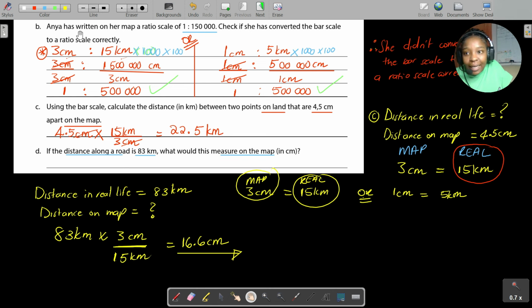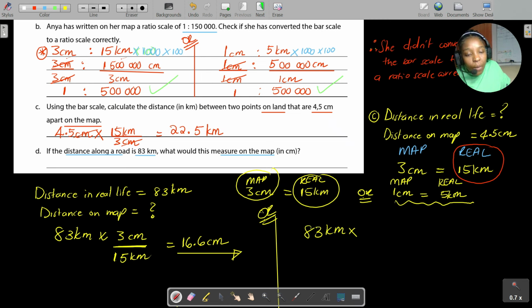So that's basically what we're supposed to do there. Also, just for fun, let me show you. Maybe you just want to use this simplified one. Remember, the 1 centimeter represents the map, and the 5 kilometers represents the real. So we're going to take that 83 kilometers, multiply by what we want.